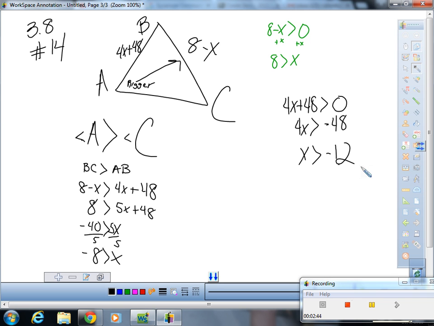All right, so 8 minus x is bigger than 0, so x is less than 8. x is also greater than negative 12, and x is less than negative 8. Okay, I get it now. We've got three things that qualify x.